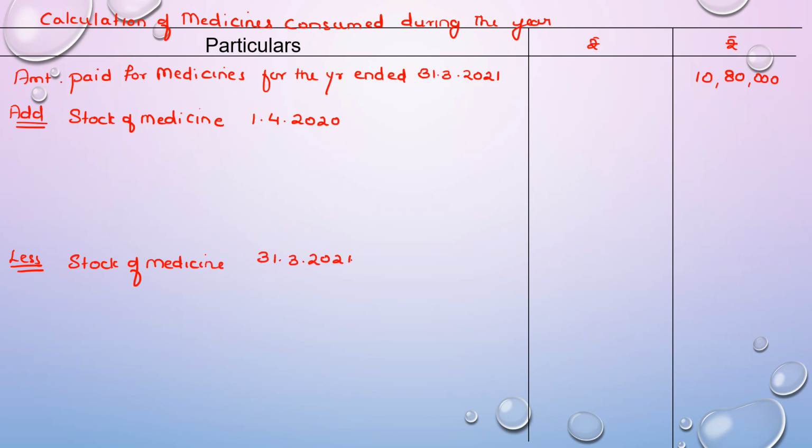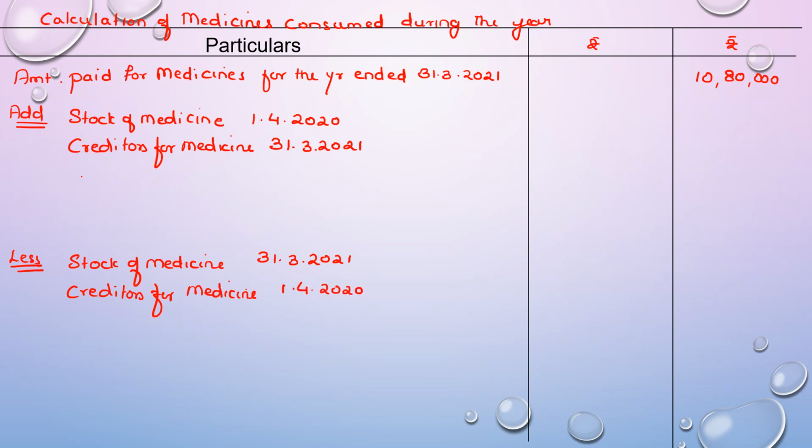Then creditors for medicine: whatever we had in creditors as at the end of the year, on 31st March 2021, would be added, and creditors for medicine at the beginning of the year would be subtracted.